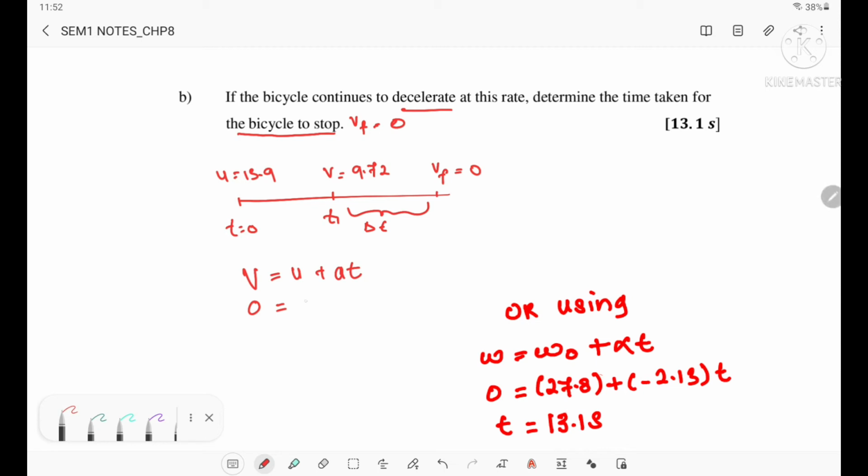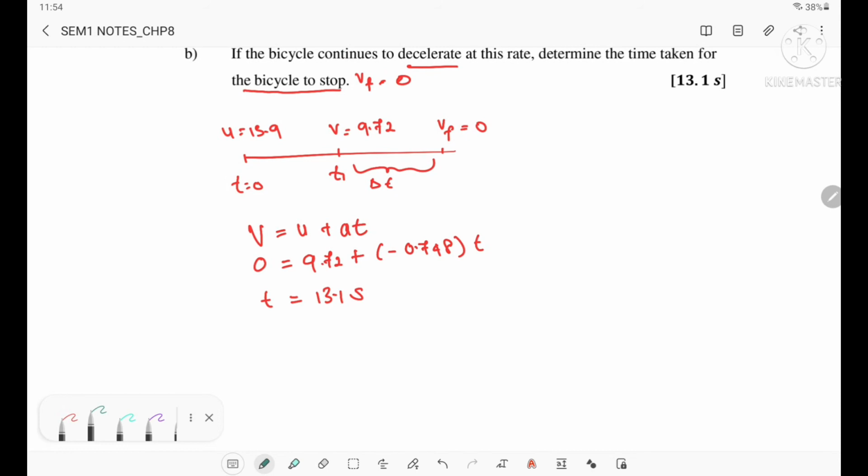So we are going to use the equation v equals u plus at. The final velocity is equal to 0, and the initial velocity is 9.72. The final velocity will be the initial velocity for this question. So we put 9.72 for the initial velocity plus a. We use the same acceleration, equal to minus 0.748, times t, so we can calculate the value for t is 13.1 second. The acceleration we can calculate from the linear motion, v squared equals u squared plus 2as, and we already convert the final velocity and initial velocity to the SI unit.